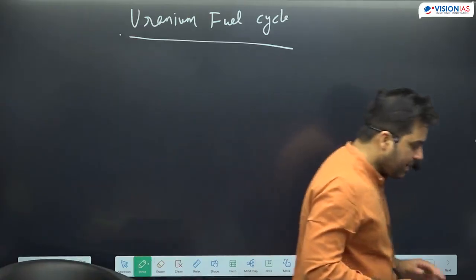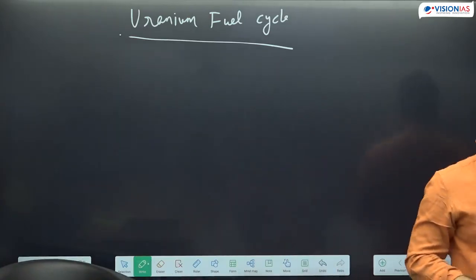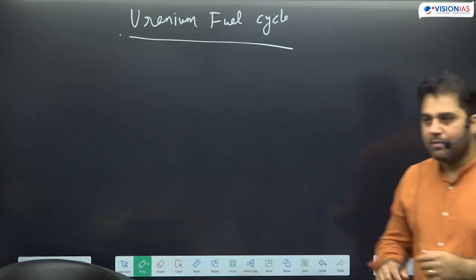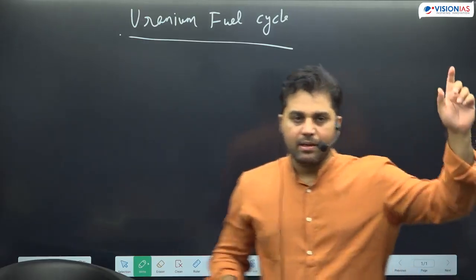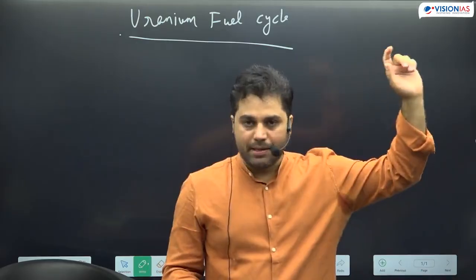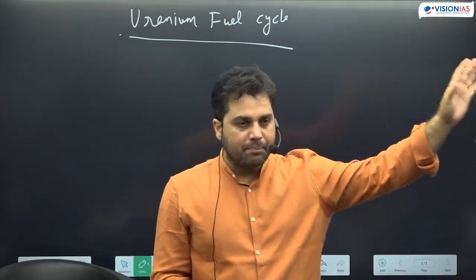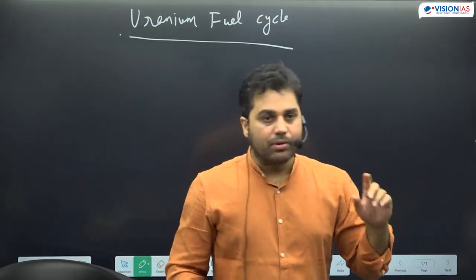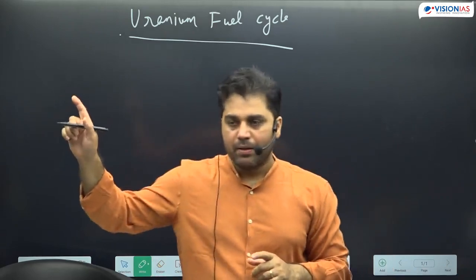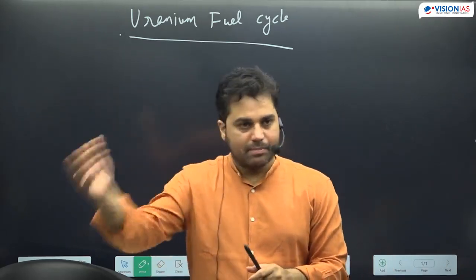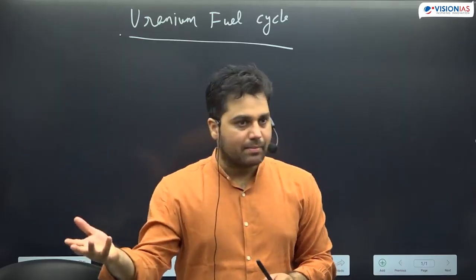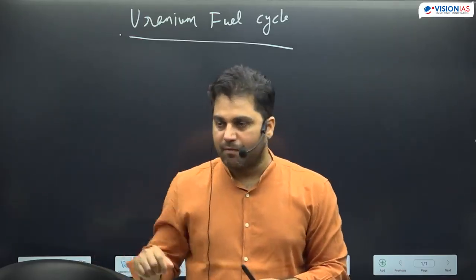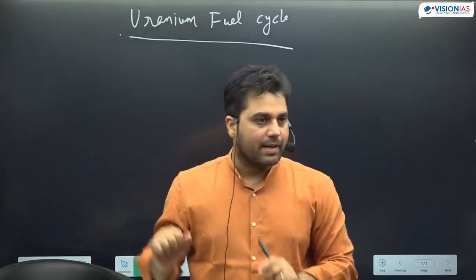So when you extract uranium, it undergoes a lot of processes, and collectively all of those processes, from the moment we extract uranium as part of mining, to finally how we dispose of the nuclear waste. The same way when you burn coal, whatever is left becomes fly ash, literally rock, and we need to dispose of that fly ash in an environment friendly manner.